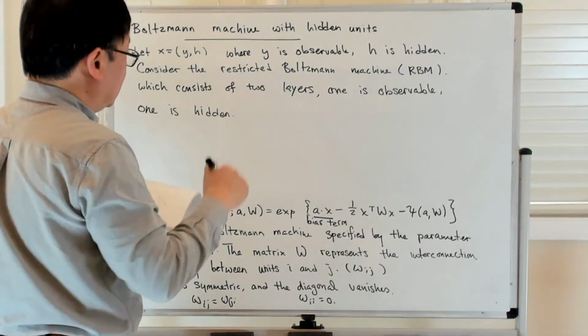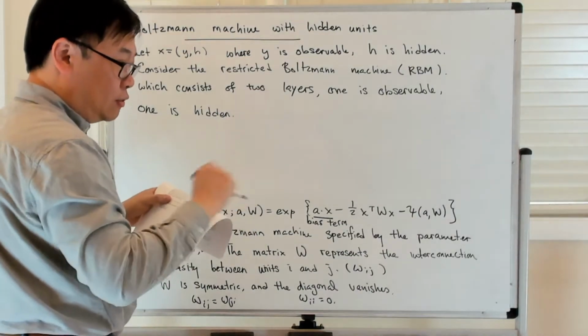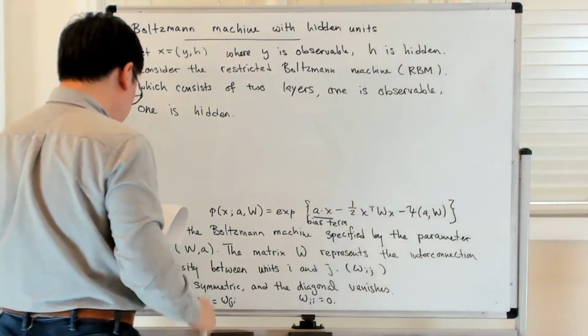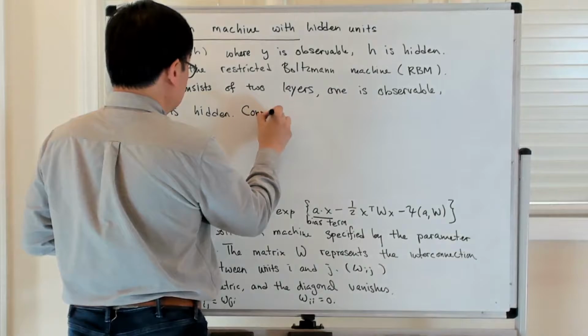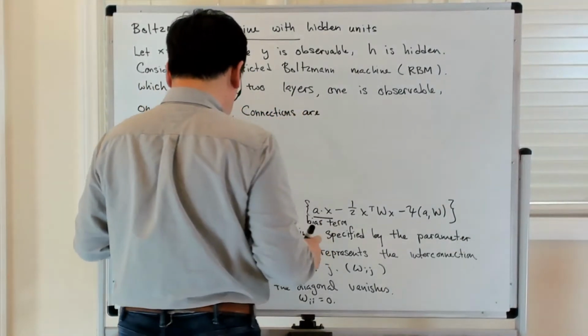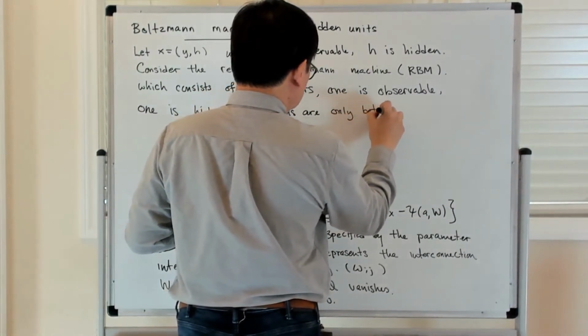The interactions are only between the observable and hidden units. There's no coupling between the hidden variables, and no coupling between the observable variables. So connections are only between the layers.